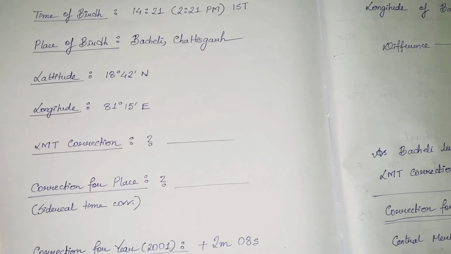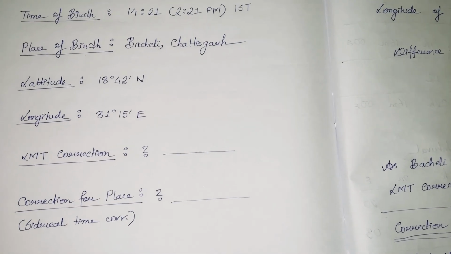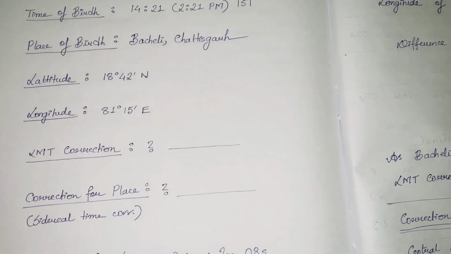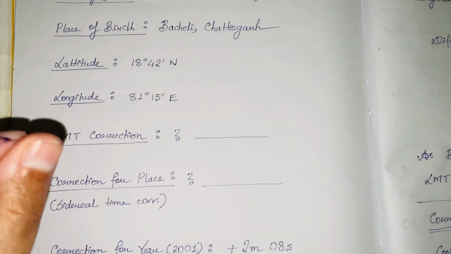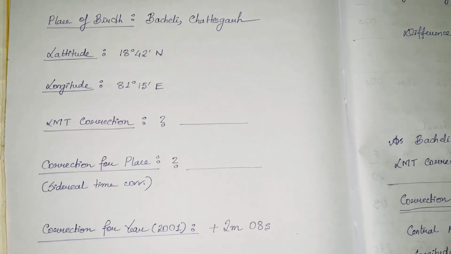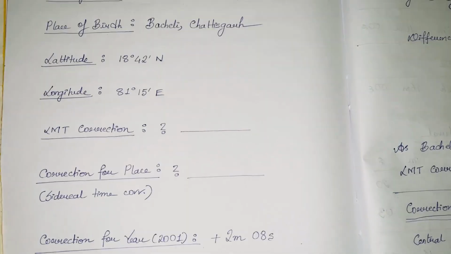And I always suggest to all the practitioners of Vedic astrology, if you want to be a thorough, very good and proper practitioner of Jyotish, you have to do all of these calculations manually. You cannot be reliant on a particular astrological software to do each and everything for you.